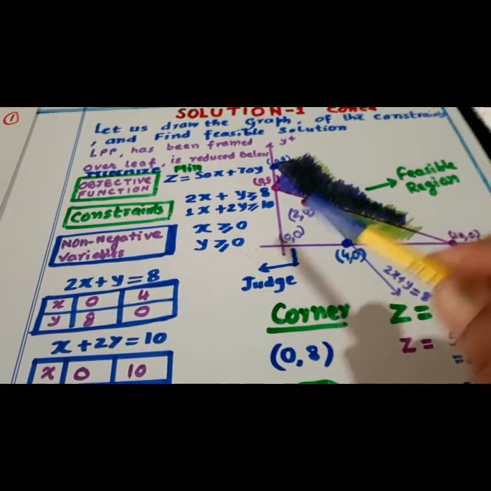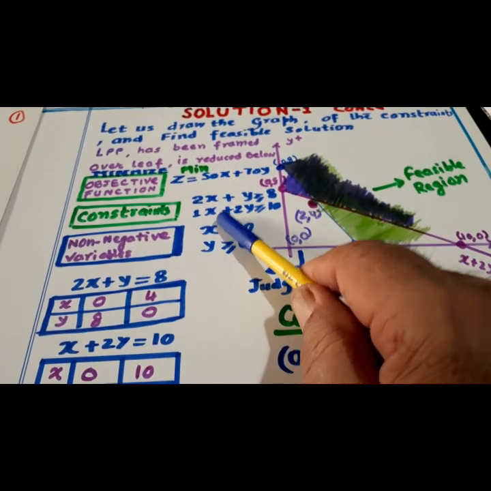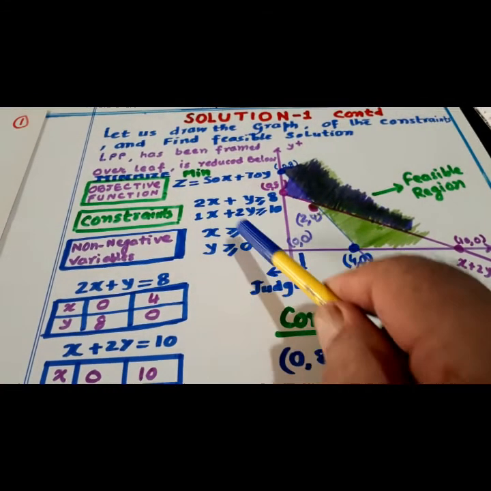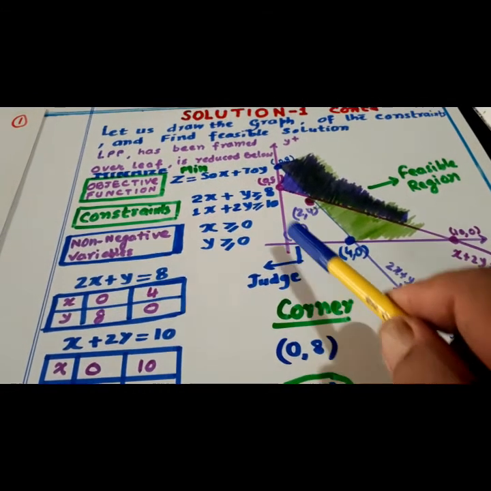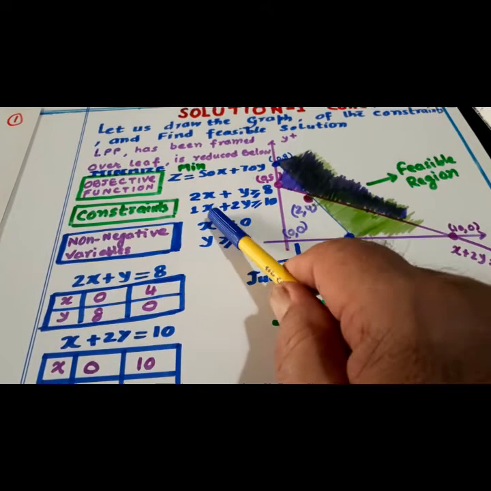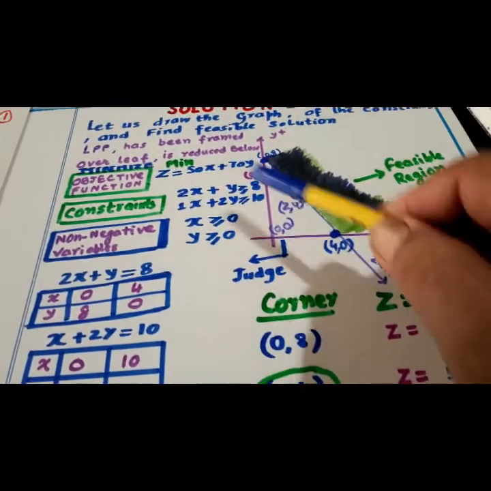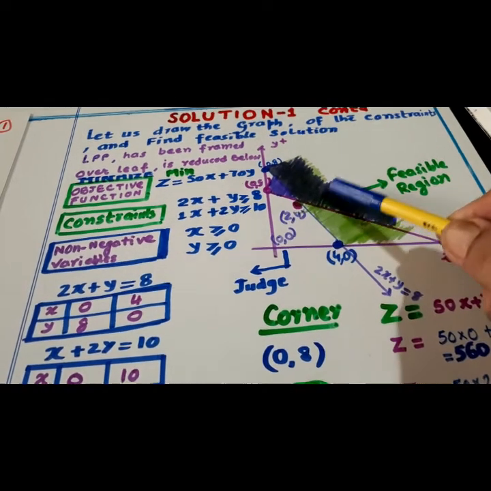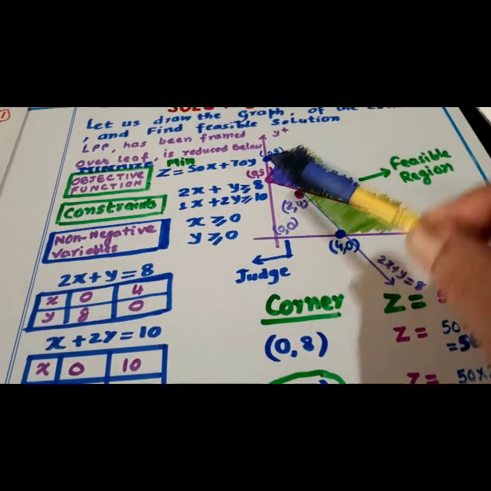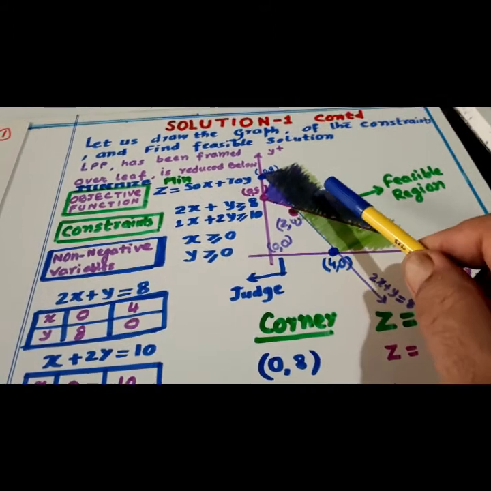Similarly for the second line, put x as 0, y as 0. 0 plus 0 greater than 10, this is wrong. So we will darken it on the other side.